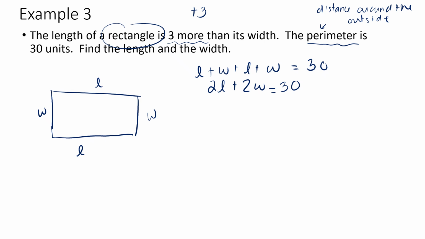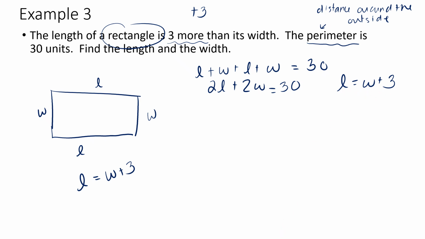Now, what we also know is that the length is equal to 3 more than the width. And there's my system. The first equation in the system is the one with the perimeter, 2L plus 2W equals 30. And the second one is how the length and the width are related to each other. So the length is the width plus 3.